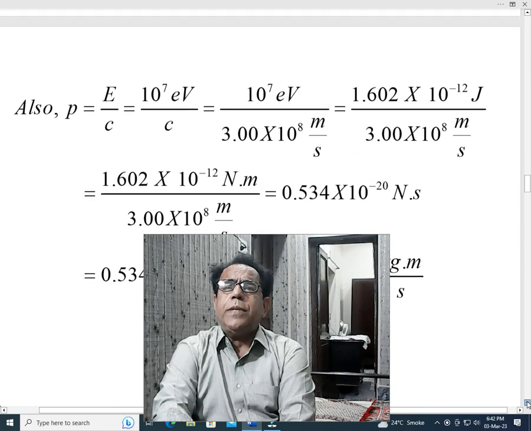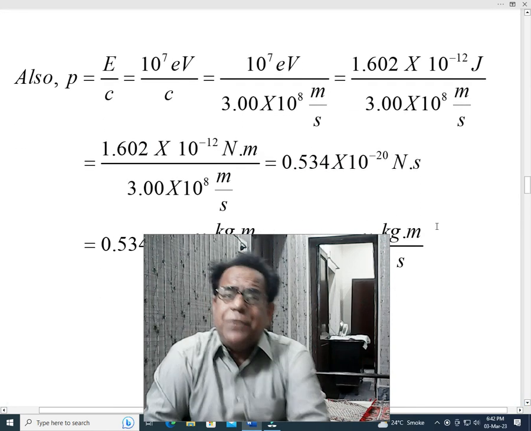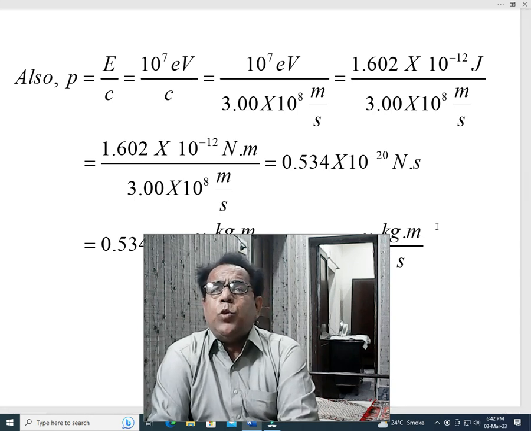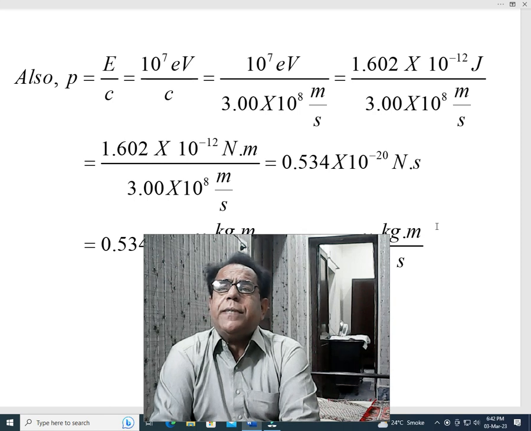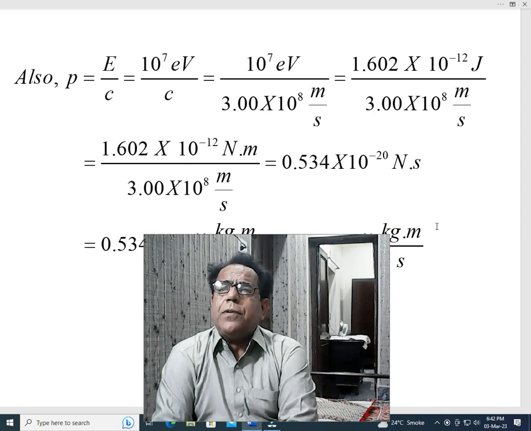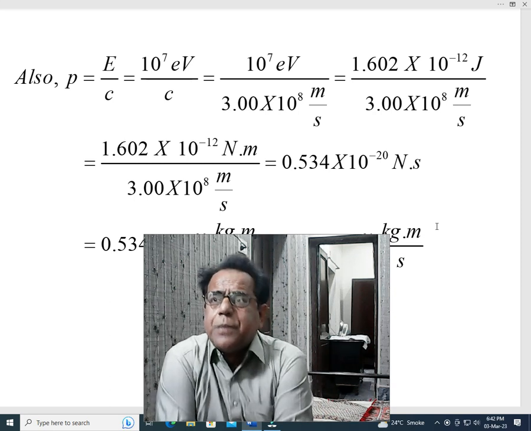Now, dear students, as per tool number 1, in which the definition of momentum is given, p is equal to E over c. This becomes 10^7 electron volt over c, where we have used the value of c, 3.00 × 10^8 meters per second, and this becomes equal to this. Here the unit becomes newton meter over meter per second.